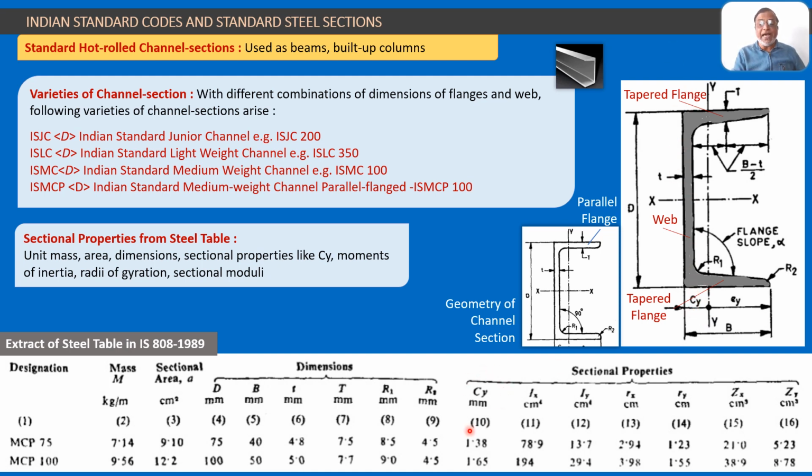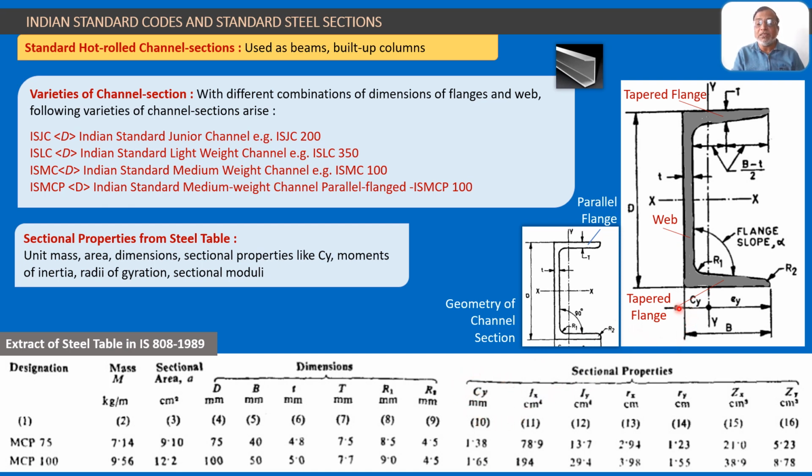So this C dimension, centroidal dimensions or centroidal distances, these properties were not given or not required in case of I section, because it was already symmetric about x-axis as well as y-axis. Here it is symmetrical about x-axis, so no question of Cx, but it is unsymmetrical about y-axis, so they have given the distance Cy.